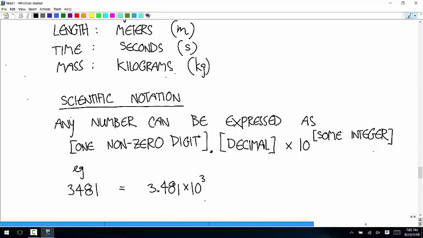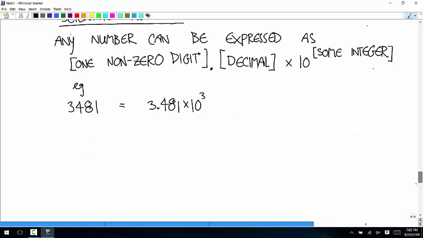Ten to the third power is 1,000, so it's 1,000 times 3.481. Or negative 0.0036 is equal to negative 3.6 times 10 to the minus third. So you can write any number that way.